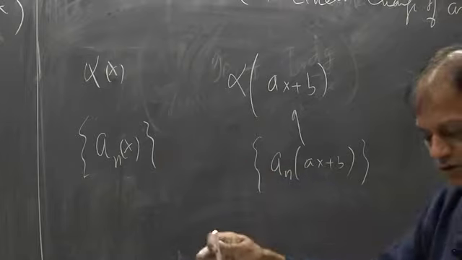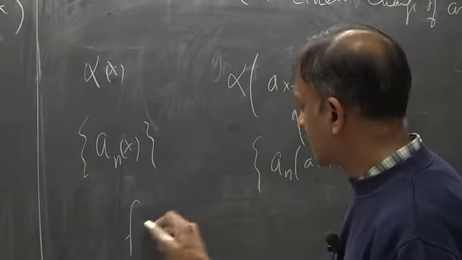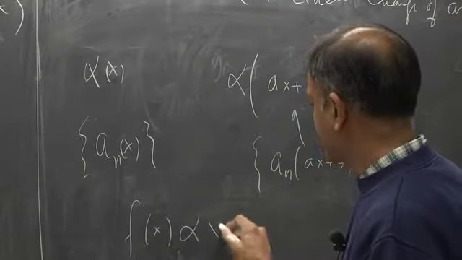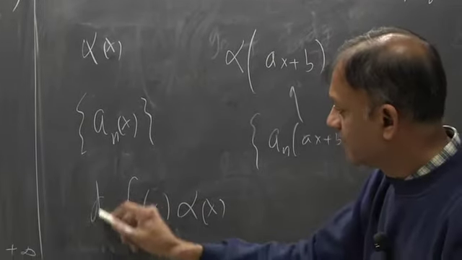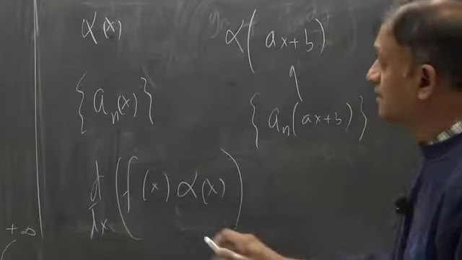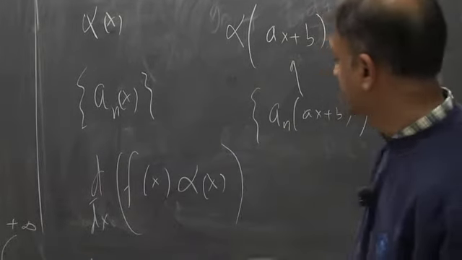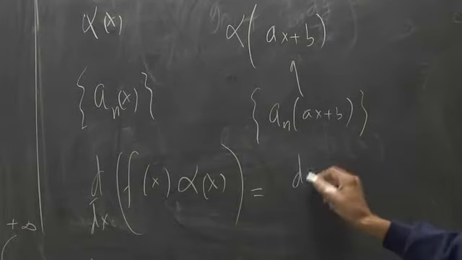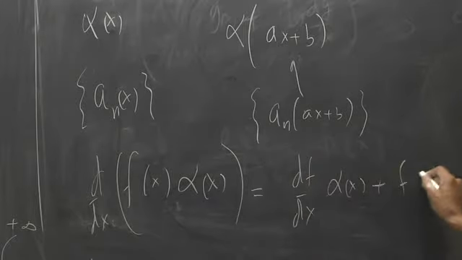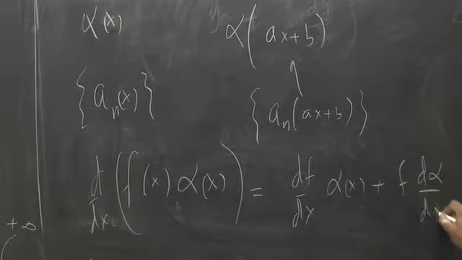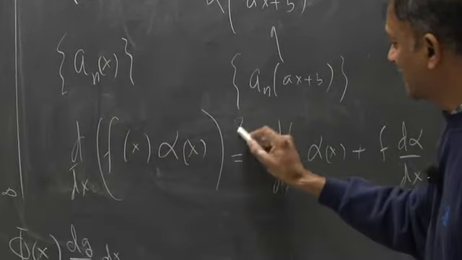So there are several things you can prove. For example, the product f of x times alpha of x, where f of x is a fairly good function. Again, you can take the derivative, use this definition of derivative, then you can show that it's the same as df by dx times alpha of x plus f times d alpha by dx. Okay, please try to check this.